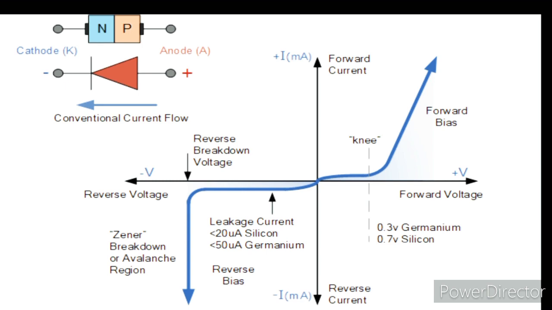At this time the current starts to flow, and on the screen we can see voltage as well as current increasing. At 0.7 volt the current increases rapidly, and the diode acts as a conductor after 0.7 volt.